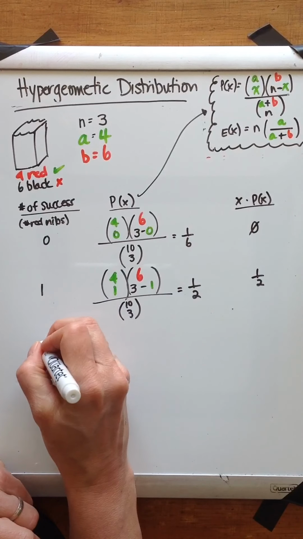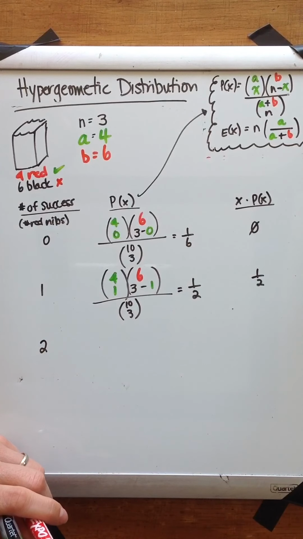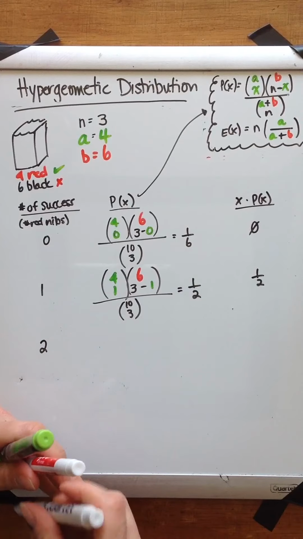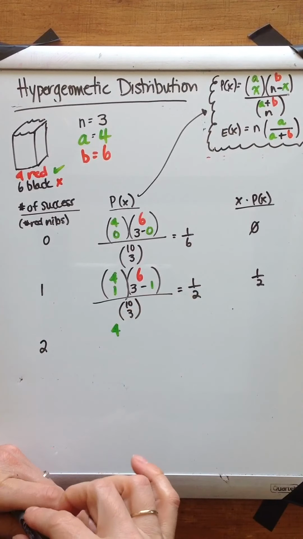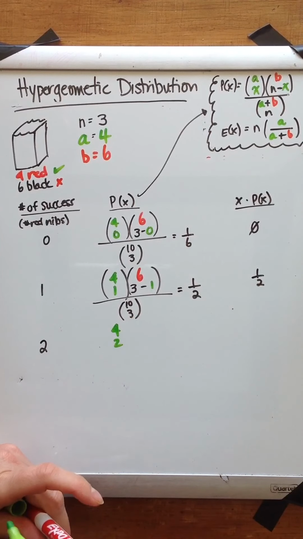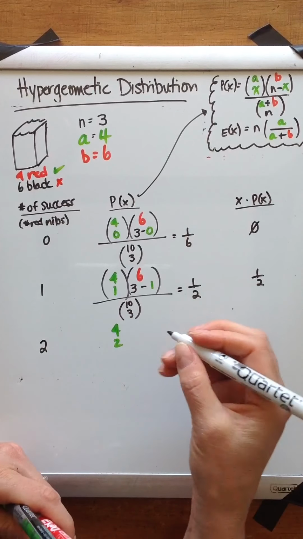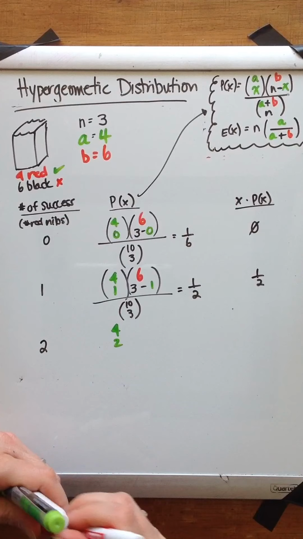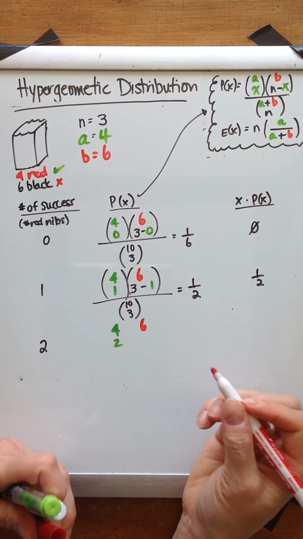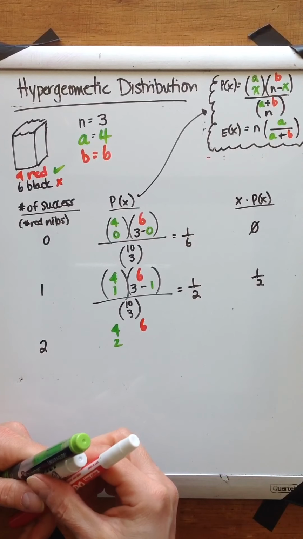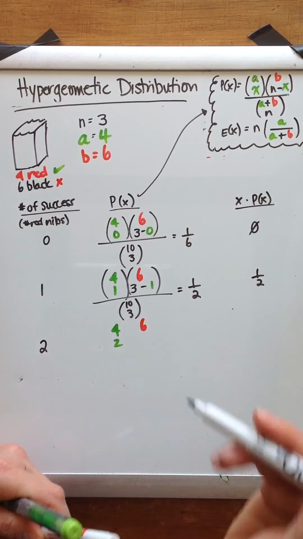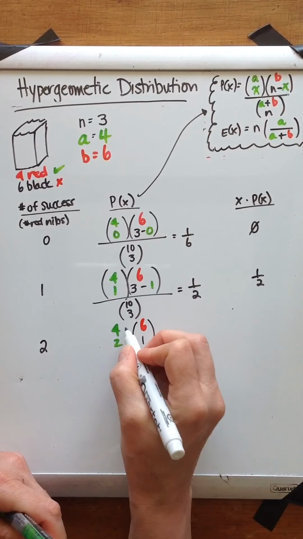Let's continue on. You reach in the bag and 2 out of your nibs are red. So there were 4 to choose from, 4 opportunities for success. You have 2 successes. There were 6 opportunities for getting a black one, and because you had 2 successes, that means that there's only 1 black one that you're going to end up with.